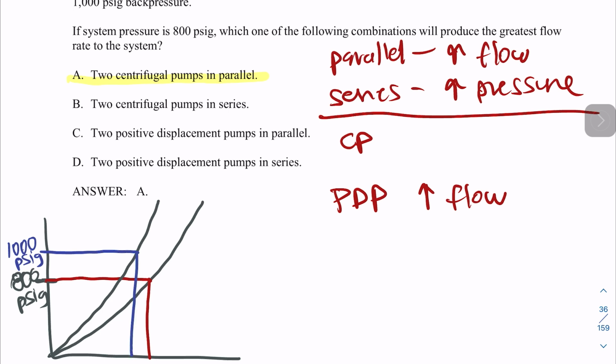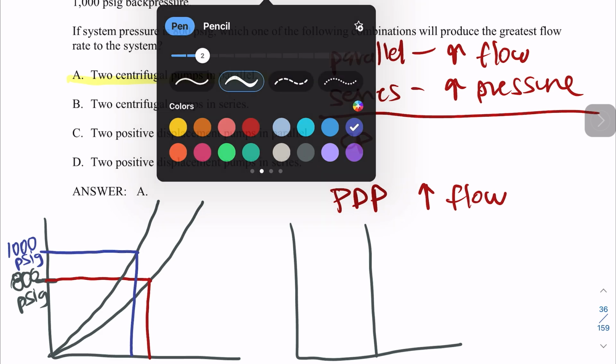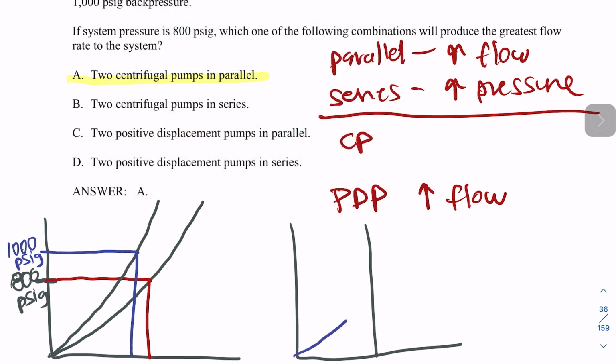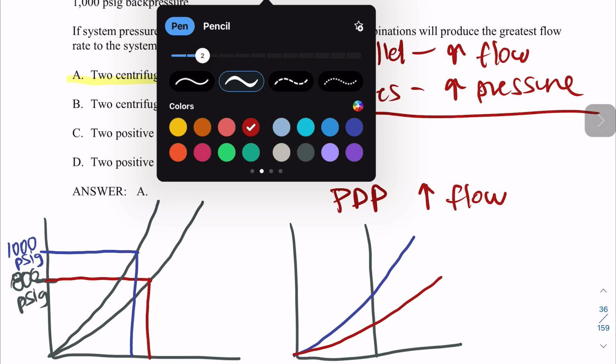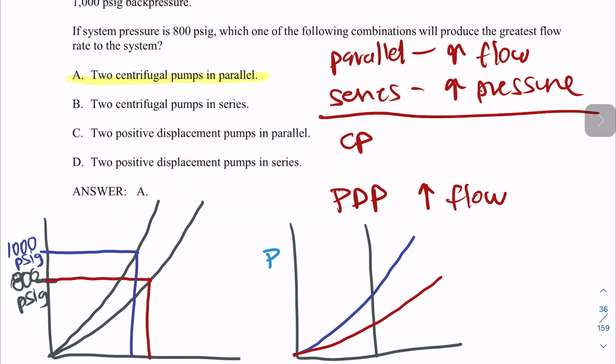If I compare this with the PDP, it doesn't matter, because for my PDP, the flow stays the same while the pressure can change, my system pressure, my back pressure.